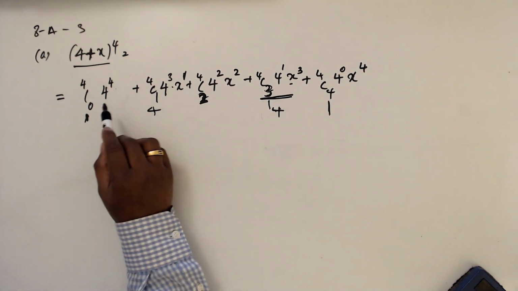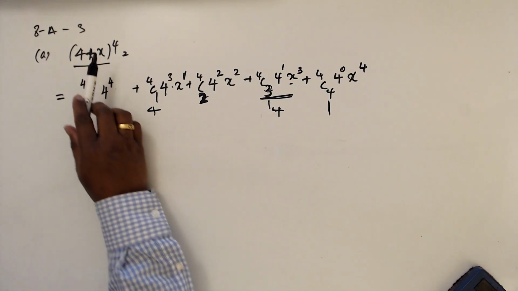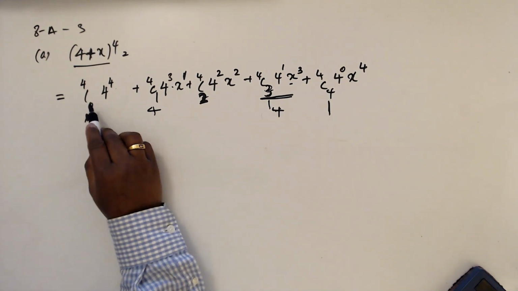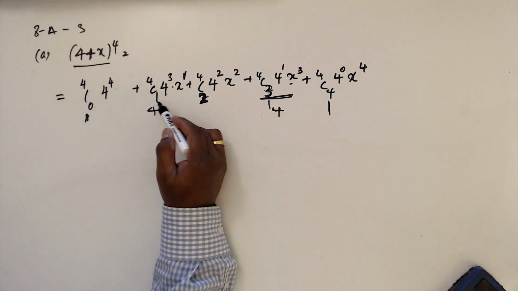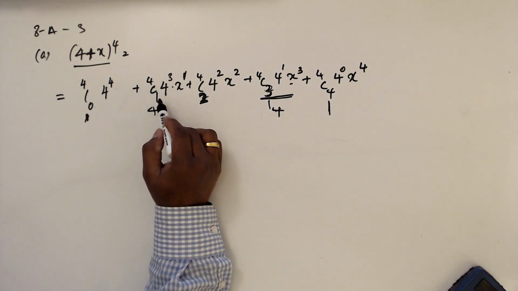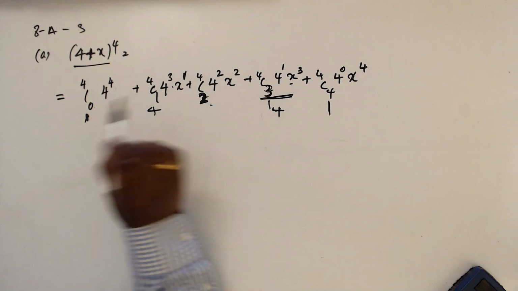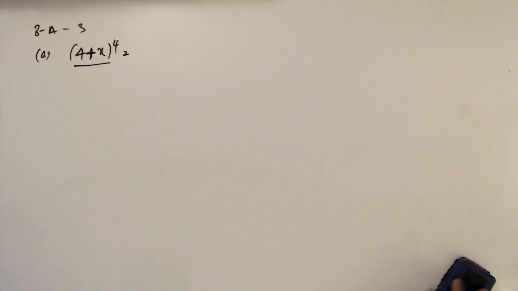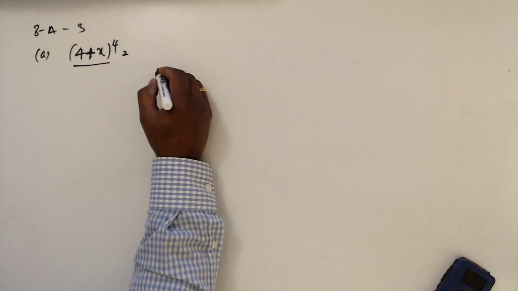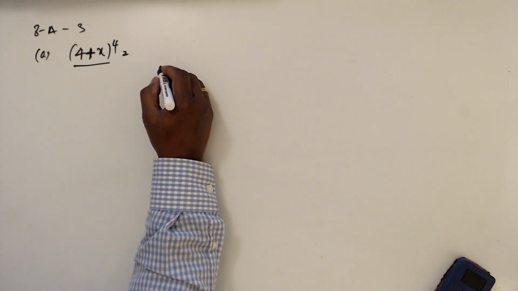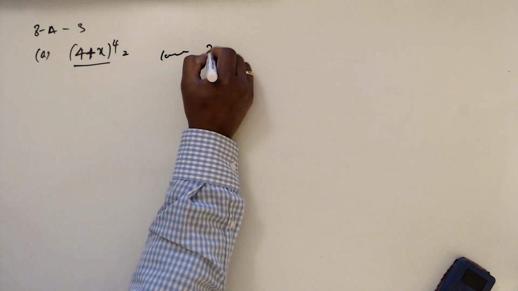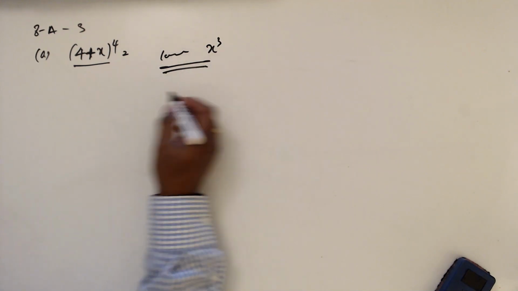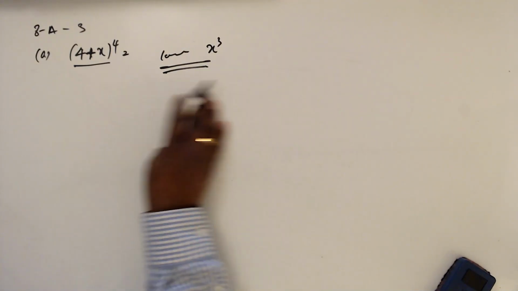Since this is power 1, it goes with this 4: 0, 1, 2, 3. Now we need to find the coefficient of x cube. Instead of writing all the terms, can I write only the x cube term?